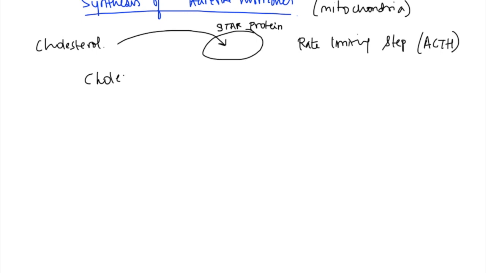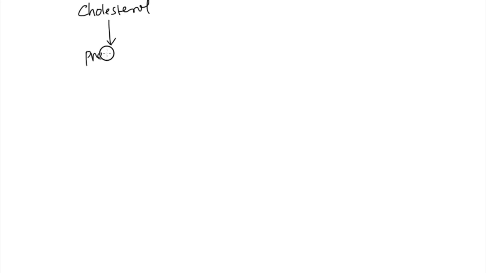We'll just take up a different slide and put that here because it's extremely important. So it's nice if you can go ahead right along with me. You have cholesterol. Once it has come inside, it is going to get converted into what is called pregnenolone.